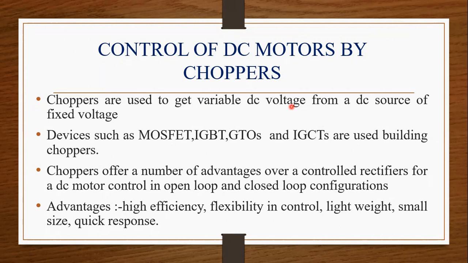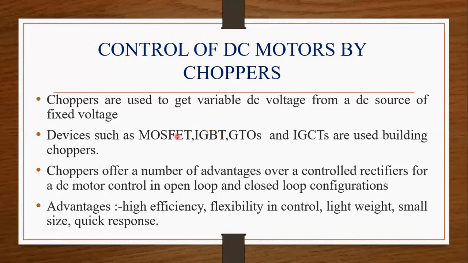Self-commutated devices such as MOSFETs, power transistors, IGBTs, GTOs, and IGCTs are used for building choppers because they can be commutated by low power control signals and do not need a commutation circuit, and can be operated at a higher frequency for the same range.